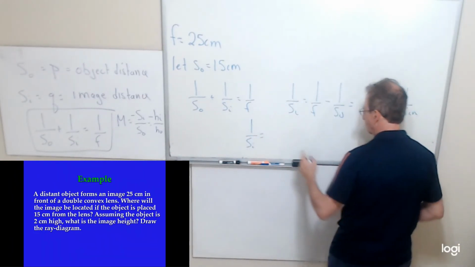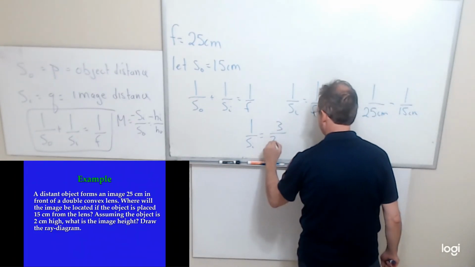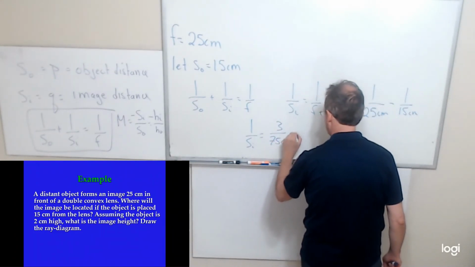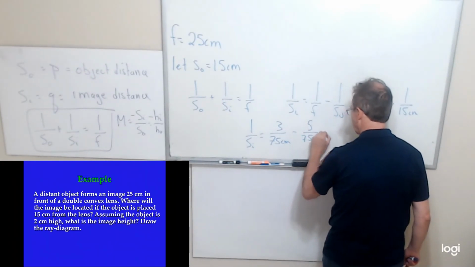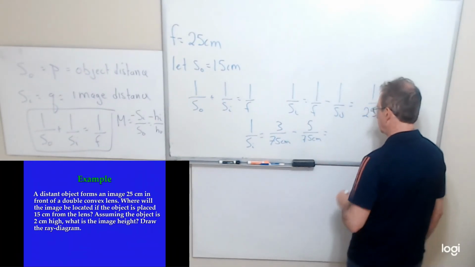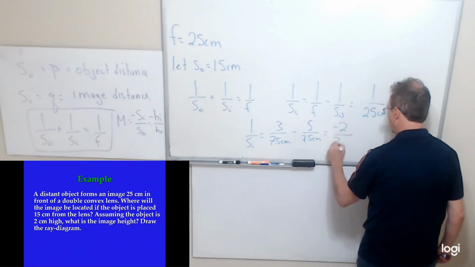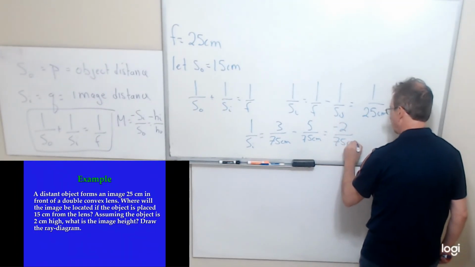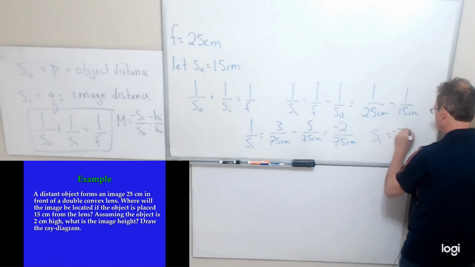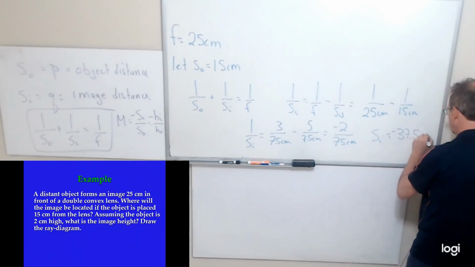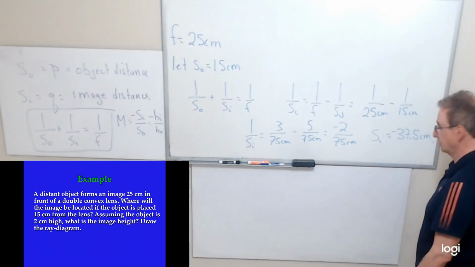So 3 over 75, minus 5 over 75. Three minus 5 is -2. And so S_i is minus 37.5 centimeters.